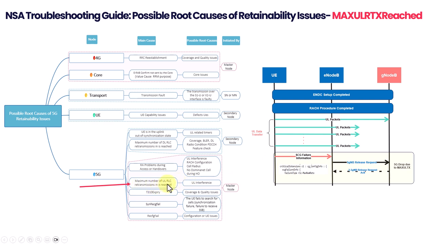The second one is about maximum uplink RLC. This will probably be due to uplink interference or uplink bad radio condition in general. In this case, the maximum uplink retransmission for RLC has been reached. For example, let's assume the uplink RLC maximum threshold is 8, so you have already crossed 8 retransmissions.